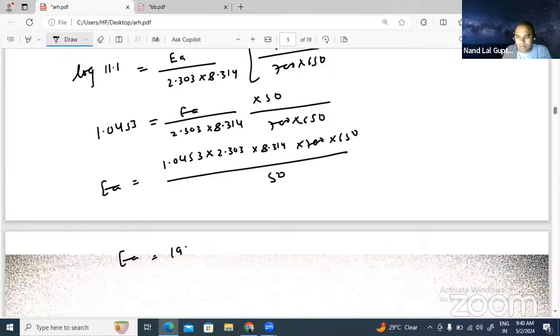Wait. 1.045 multiplied by 2.303 multiplied by 8.314 multiplied by 700 multiplied by 650 divided by 50. It is coming 182,079. Okay, this is in joule. Now in kilojoule per mole, 182.079 kilojoule per mole. This is coming.